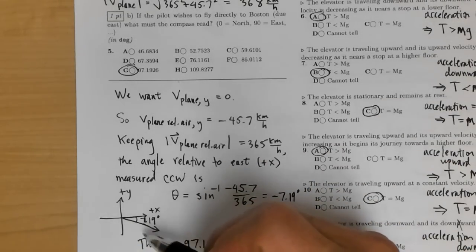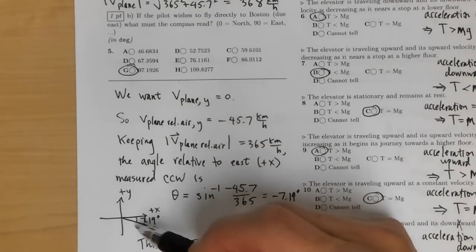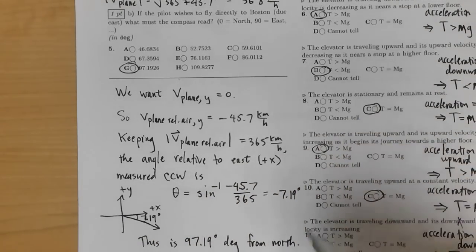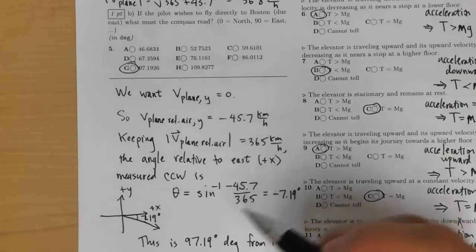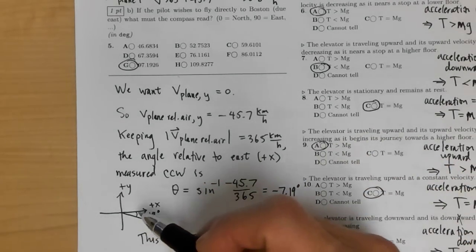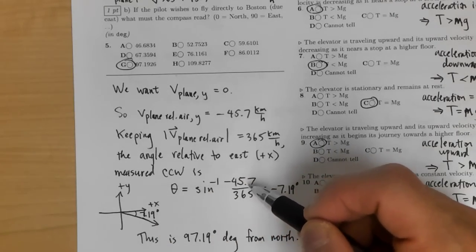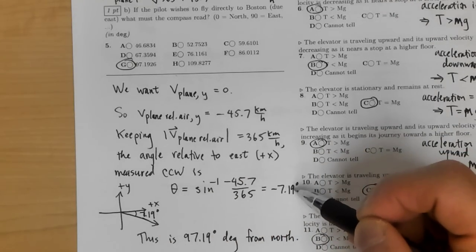The magnitude of the velocity of the plane relative to the air, the hypotenuse of this triangle, would be 365. So in order to get this angle here, the angle south of east, that would be the inverse sine of minus 45.7 over 365, so we get negative 7.90 degrees.